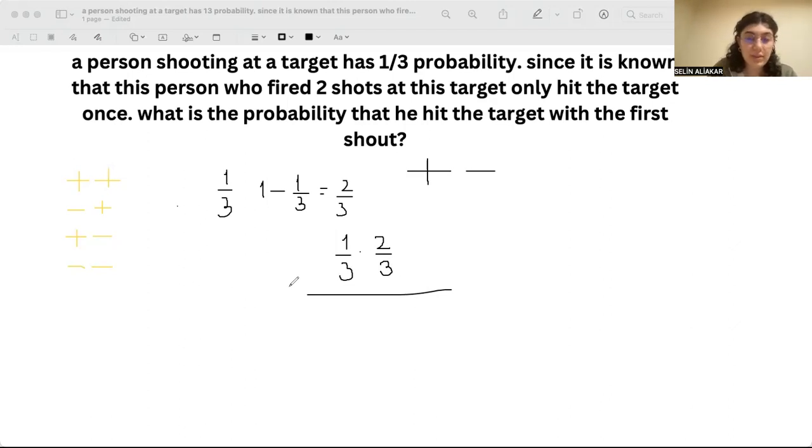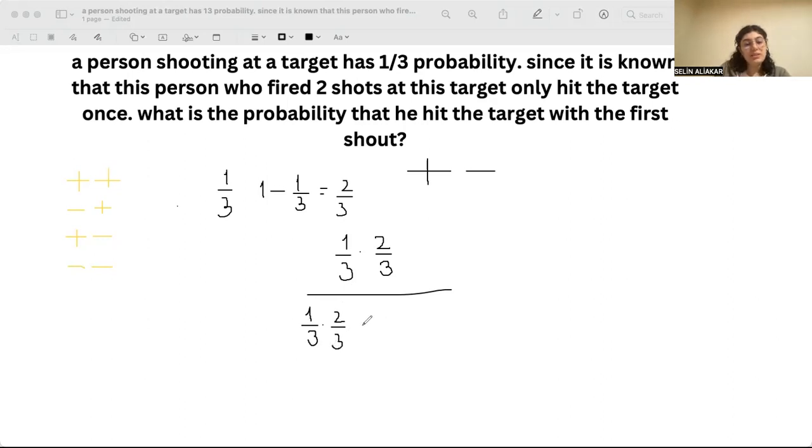The person will definitely hit the target with 1 shot. This is the condition, and he can hit the target with the first shot, 1/3, and so multiply, he can miss the target, and the probability of missing is 2/3.